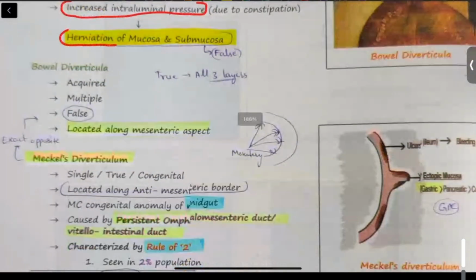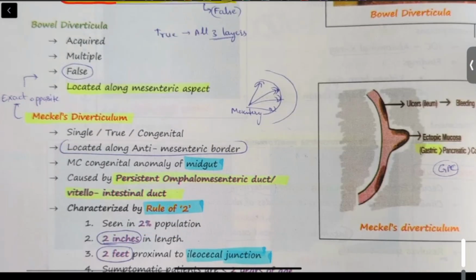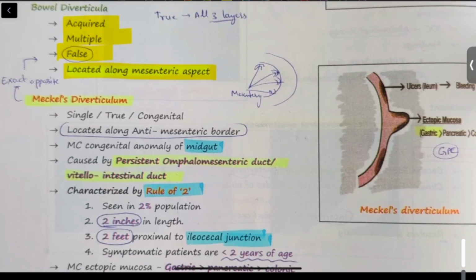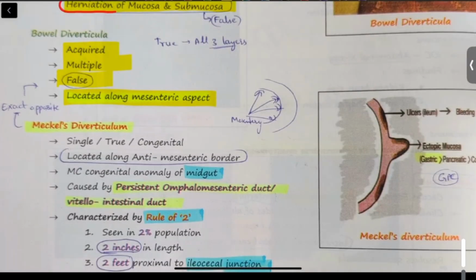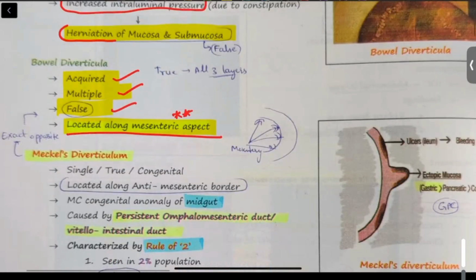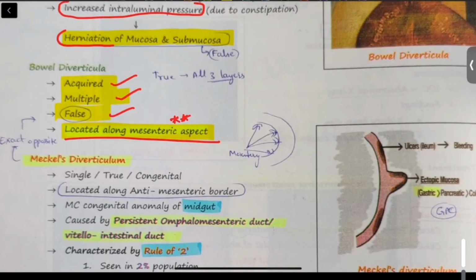So this bowel diverticula is acquired, it can be multiple, it can be a false diverticula, and it is located along the mesenteric aspect. These can be called features of bowel diverticula. Now this was just a basic idea of bowel diverticula, what exactly happens.